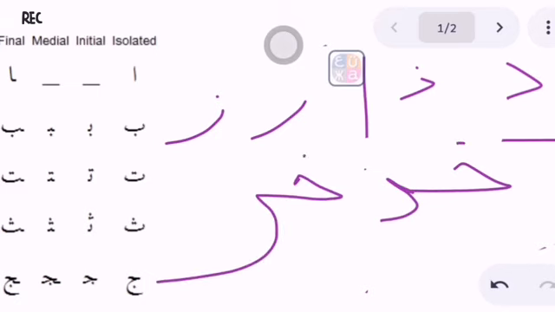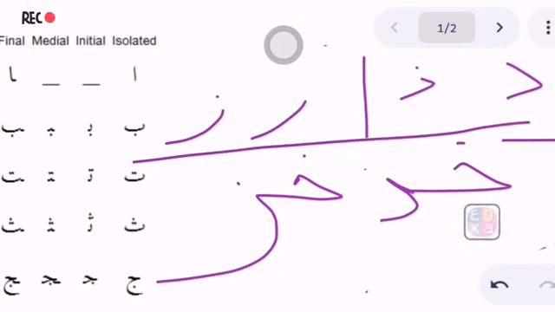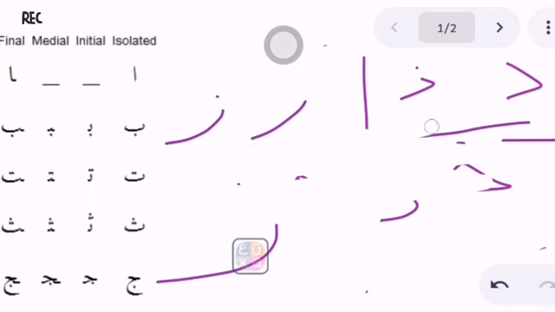We should be able to say the first one here is Kho, the second one is Dal, the third one is Kho, and the last one here is Zai. Beautiful. So we should be able to identify this ourselves too, inshallah.